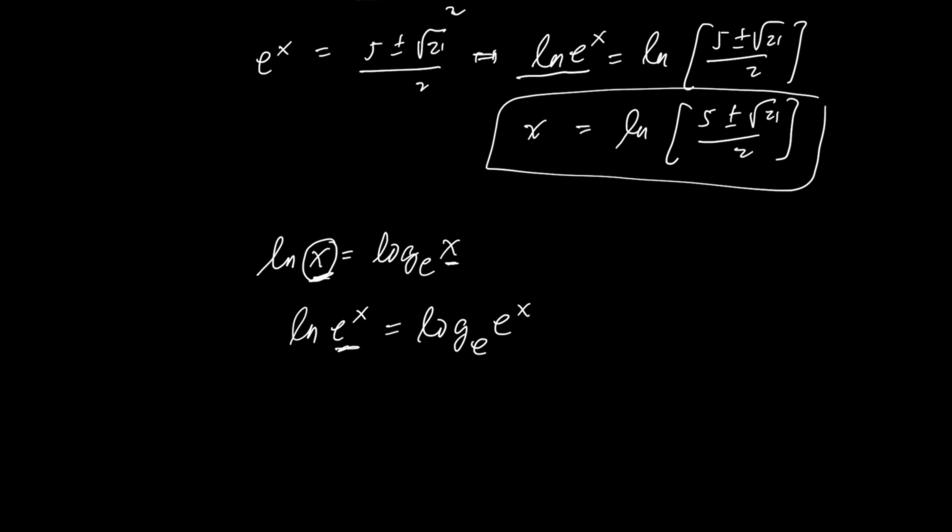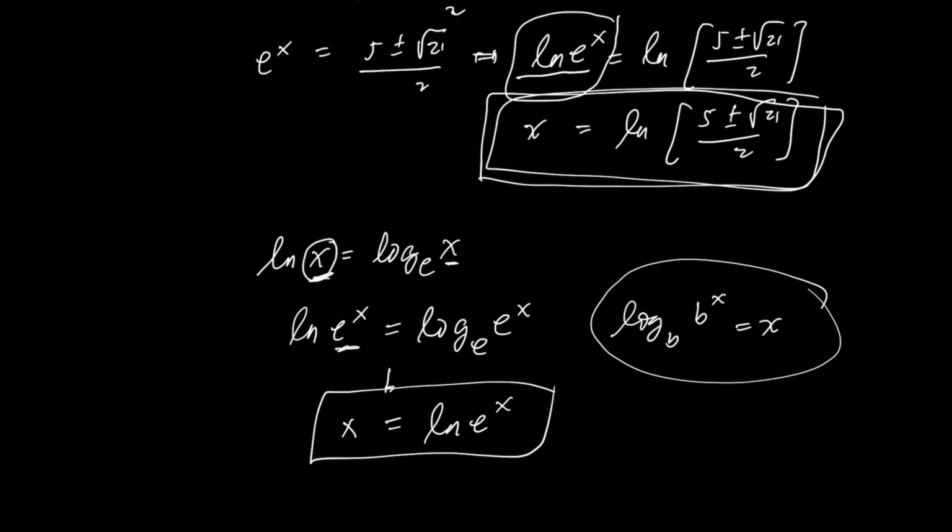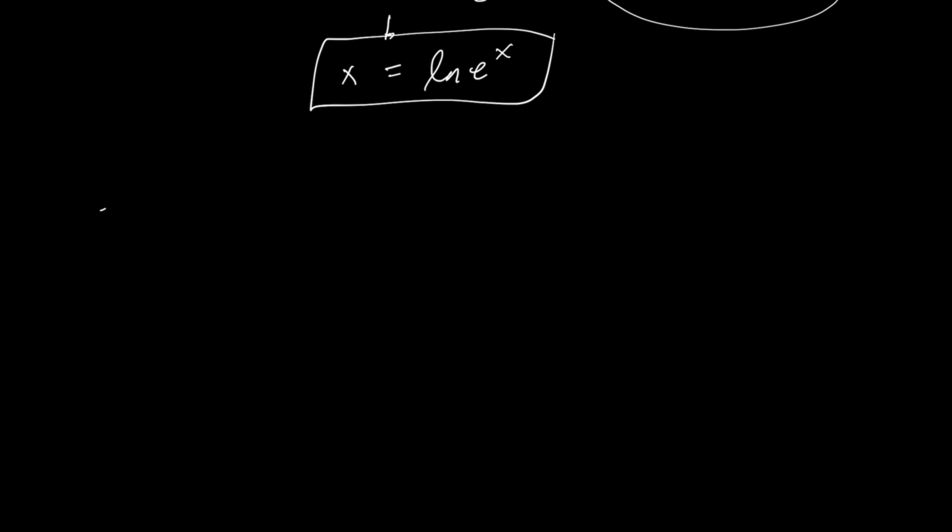And then from here, using the rule log b to the x equals x, we have x. So this ln e to the x is just equal to x. That's why we came up with this one. This ln e to the x is just x, from this expression.